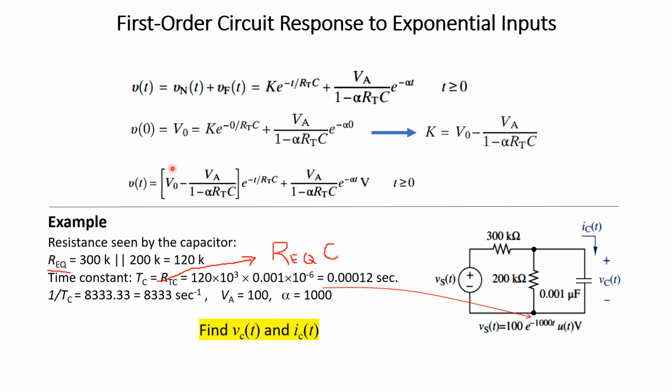As we know V naught, VA, alpha, RT and C, I think you will not find any difficulty with slightly different notation. RT is the Thevenin equivalent resistance seen by the capacitor. Here I have used R equivalent, so basically R equivalent and RT are the same thing. So we can find the capacitor voltage, and knowing it, we can find the capacitor current.